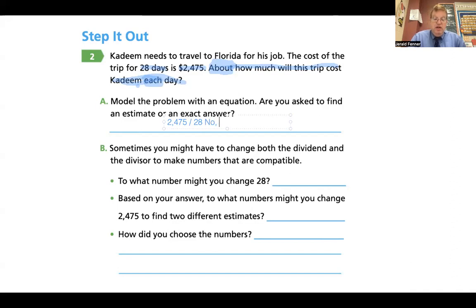No. They want an estimate because of the word about.